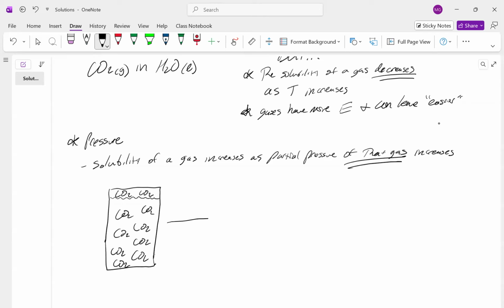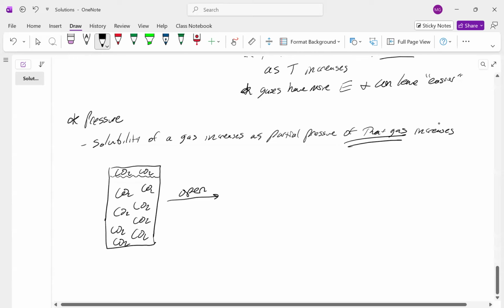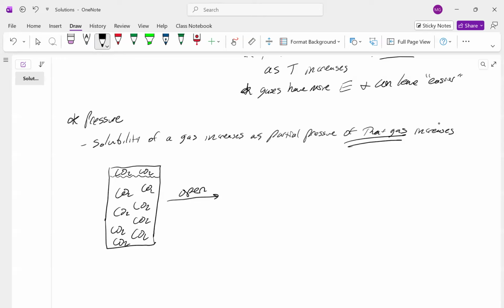Now, as soon as I open up that can, you pop it open, you hear that characteristic click and hiss. When you are opening that can, you're decreasing the partial pressure of CO2 above the liquid.